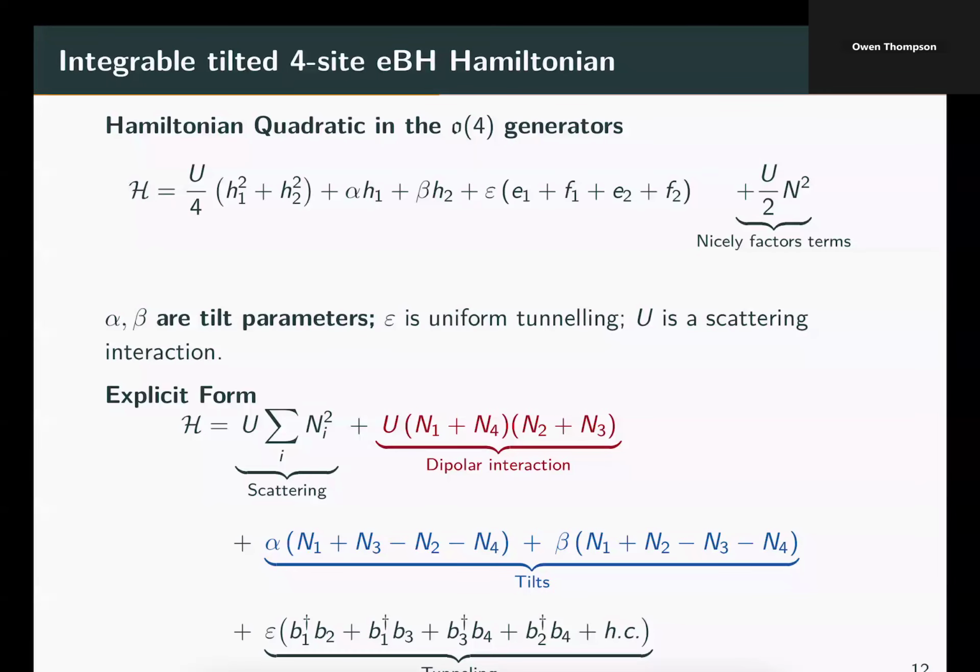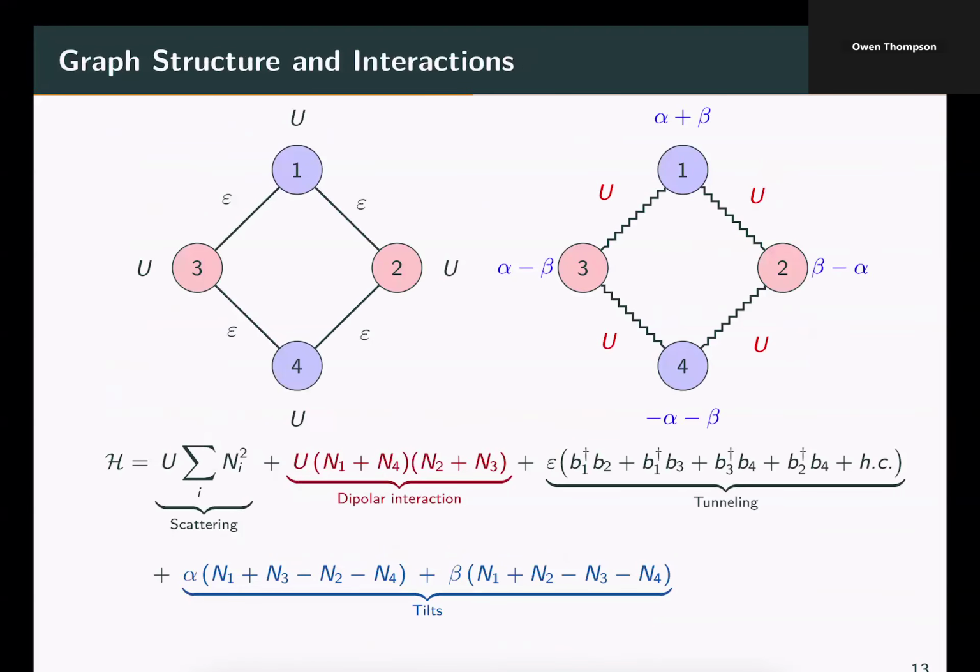Okay, so explicitly in terms of the generators, the Hamiltonian we can write down as this polynomial. And then we just stick on this u over 2 N squared term. We do that because it lets you factor out everything when you go back into the Fock basis. You can see the explicit form down on the bottom here. We've got an alpha and beta term that act as the tilt. I'll show you in a diagram in a second. I can do that now.